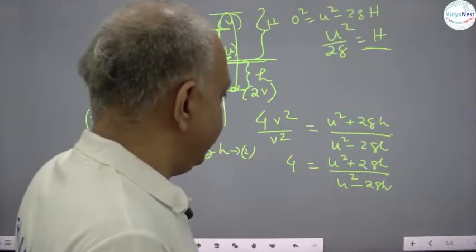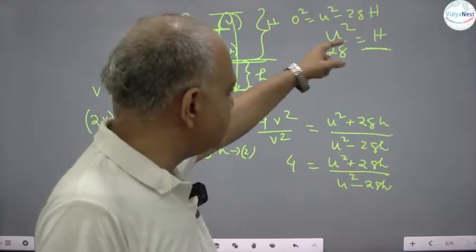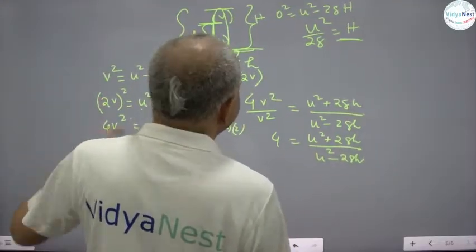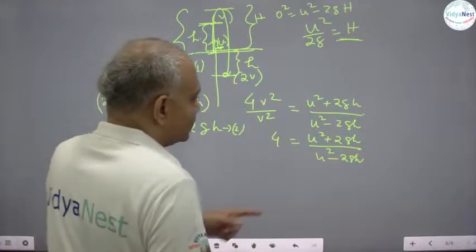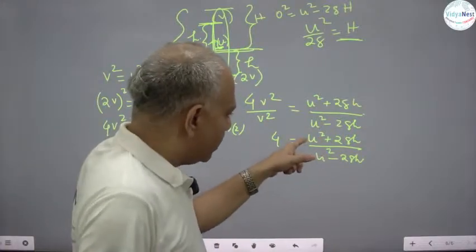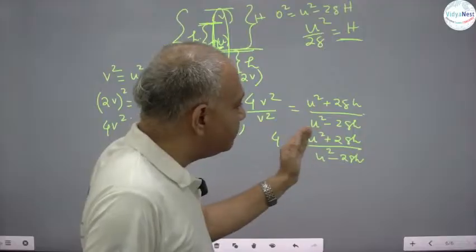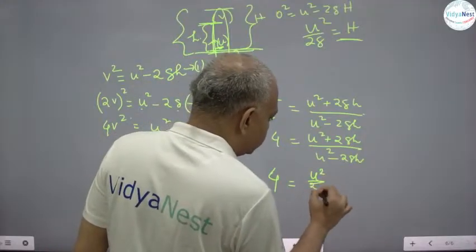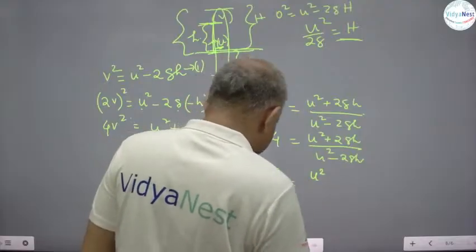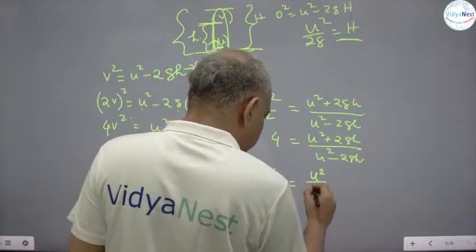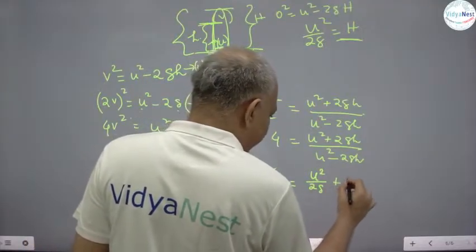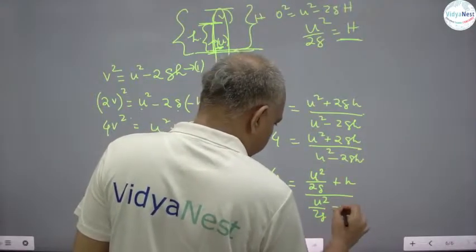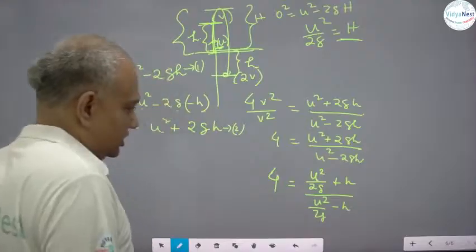We require u square by 2g. So from here, a little bit of simplification is required. If I divide up and down by 2g, what relation is going to come? u square by 2g plus h over u square by 2g minus h, is equal to 4.